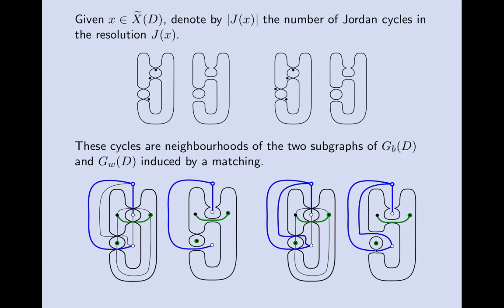However, just as before, the Jordan resolutions, so this oriented, disjoint union of immersed cycles on S2, gives us again a neighborhood of these two subgraphs of the white and black respectively, just as before.